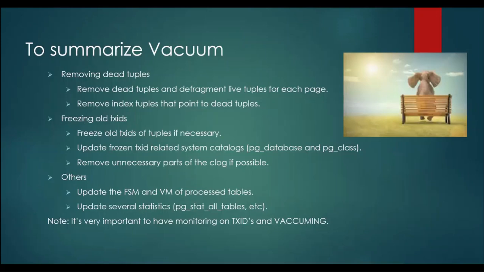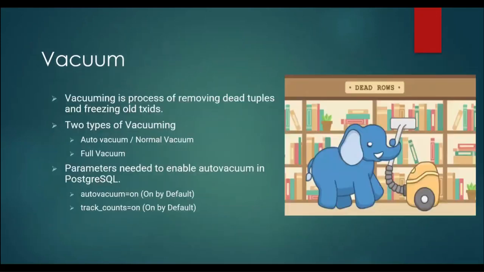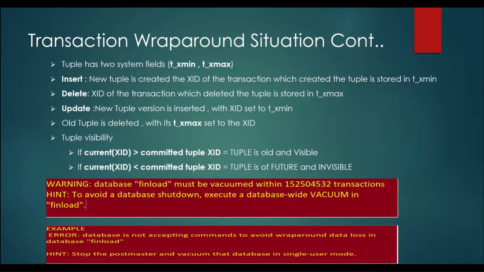Yeah, Malati, please go ahead. With reference to the warning messages in the alert log, does it provide information like what percentage of free space or dead tuples is available? What kind of warning messages does it provide?